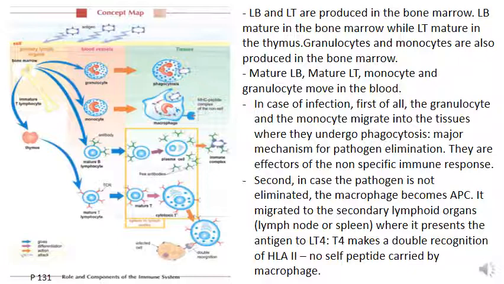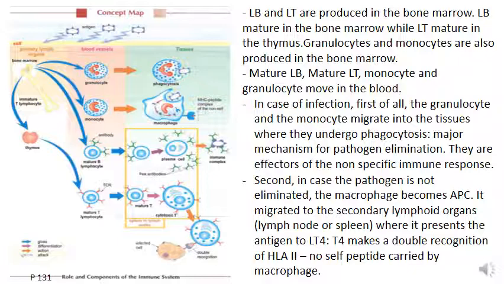The monocyte also, just like the granulocyte, is a cell that is able to do phagocytosis, but it is modified into a bigger cell called macrophage, and at the level of the tissues, the macrophage can digest the antigen or the non-self.